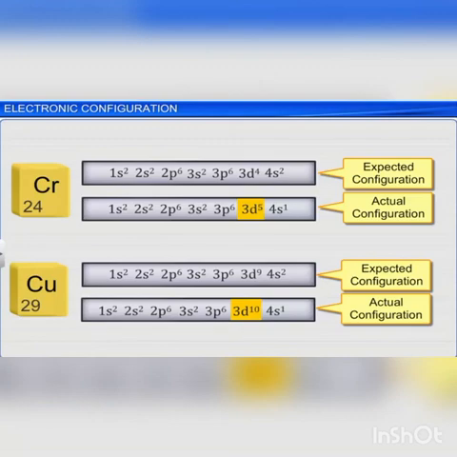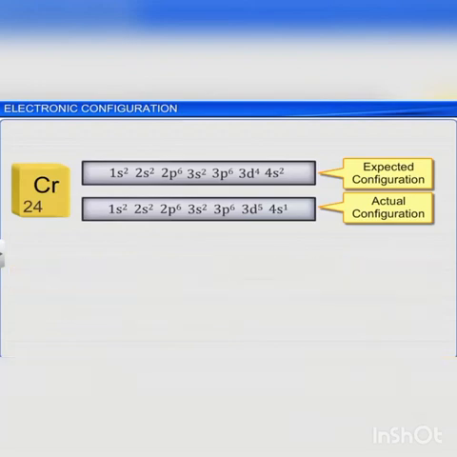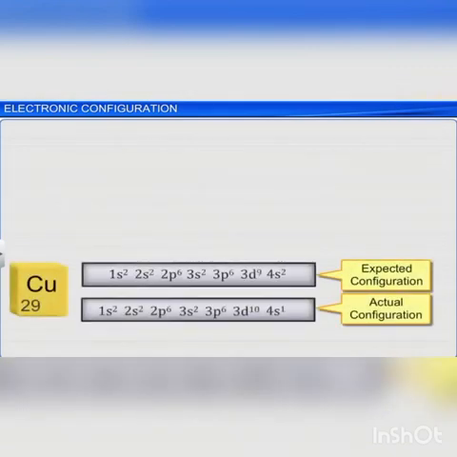The anomaly in chromium is attributed to the fact that half-filled orbital 3d5 has lower energy and extra stability. In copper, the completely filled orbital 3d10 has lower energy and extra stability.